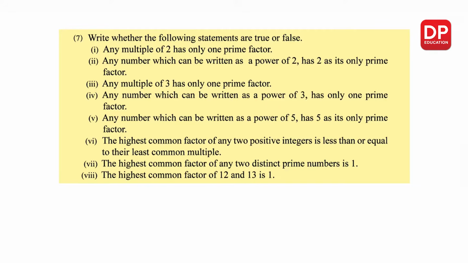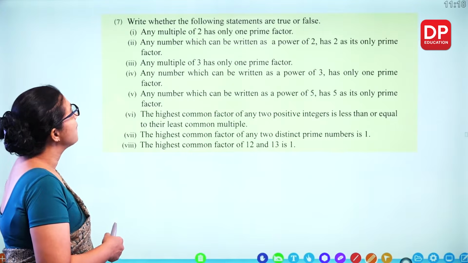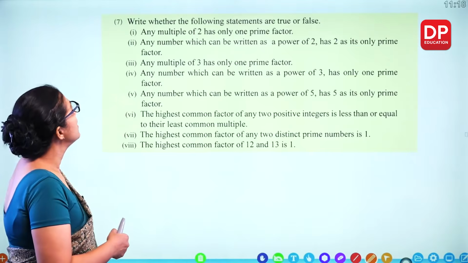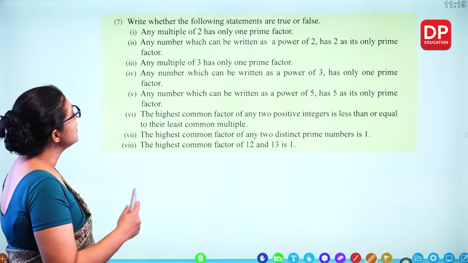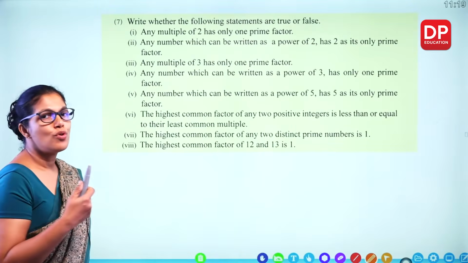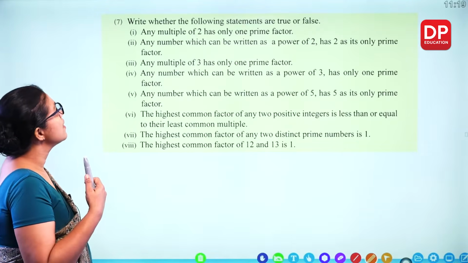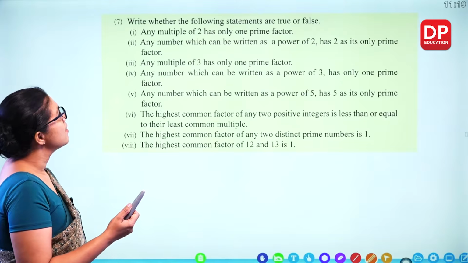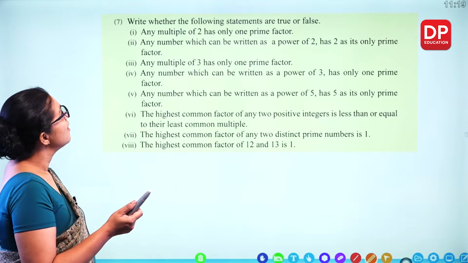Question number 7. Write whether the following statements are true or false. Any multiple of 2 has only one prime factor. Multiple of 2 means 2 times 2, 4, 2 times 3, 6. So 6, you can't say only one prime factor is there.